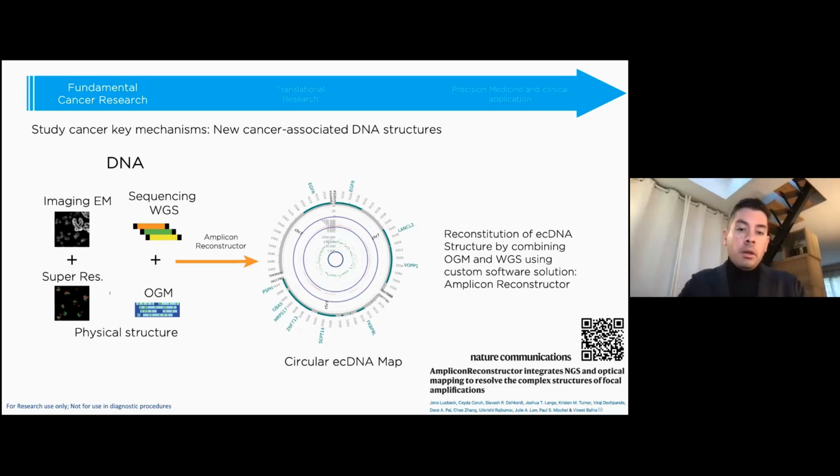Optical mapping and the computational analysis of whole genome sequencing were used in combination in this study to demonstrate the structure and make sense of circular ecDNA sequence for the first time.